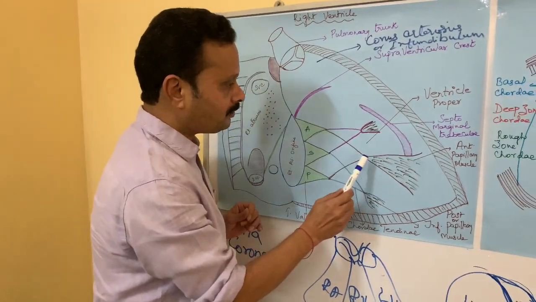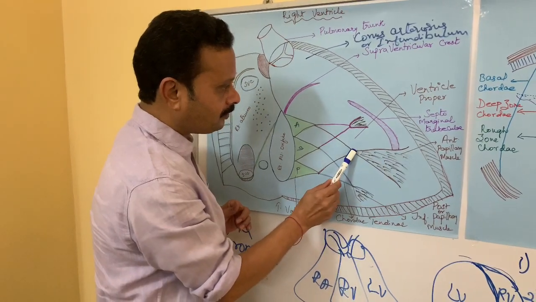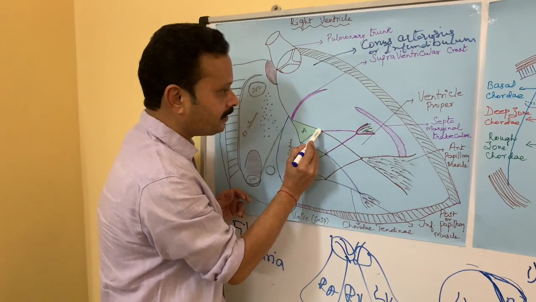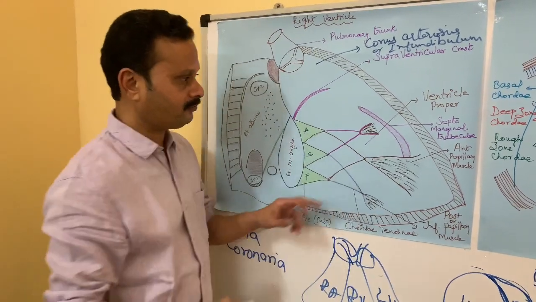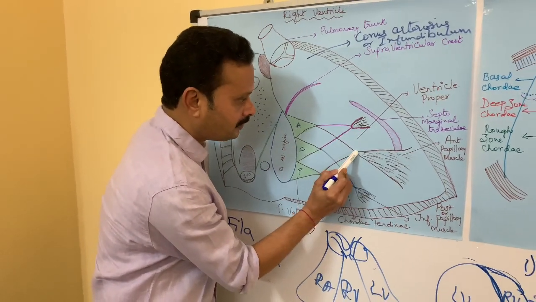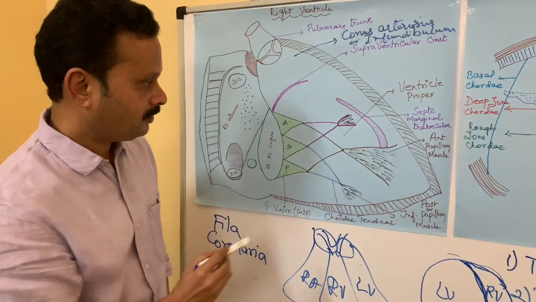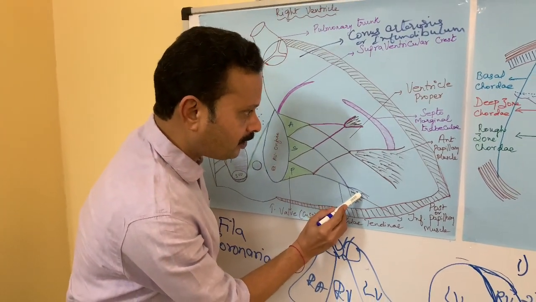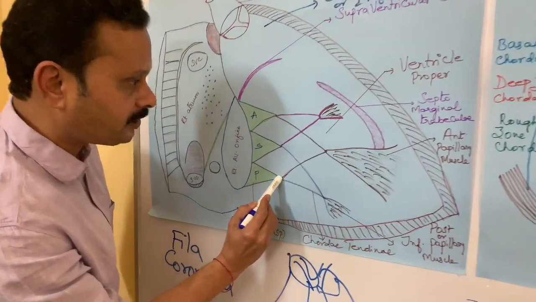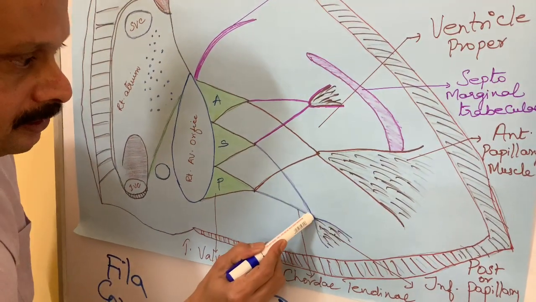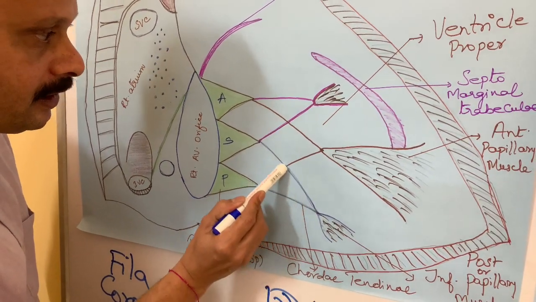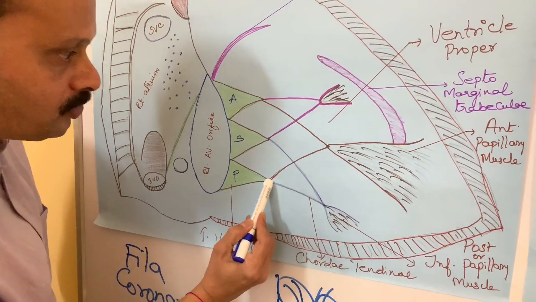Now from the anterior papillary muscle, numerous chordae tendineae, as you can see, are attached to the anterior leaflet and posterior leaflet. From the inferior or posterior papillary muscle, the chordae tendineae extending from its apical portion are attached to the septal leaflet and posterior leaflet.